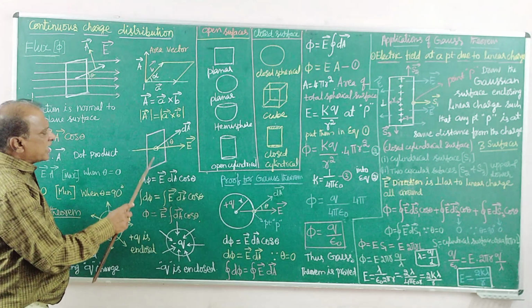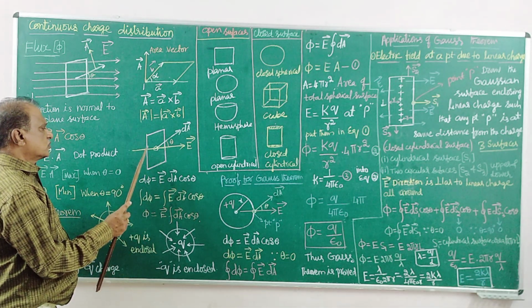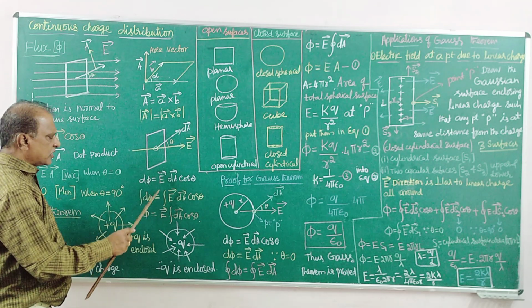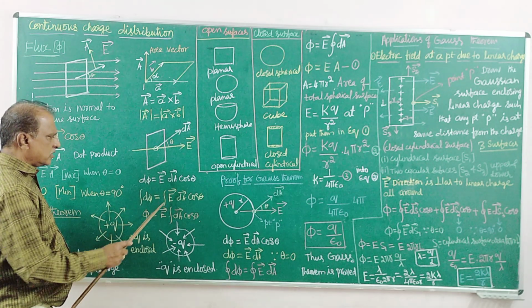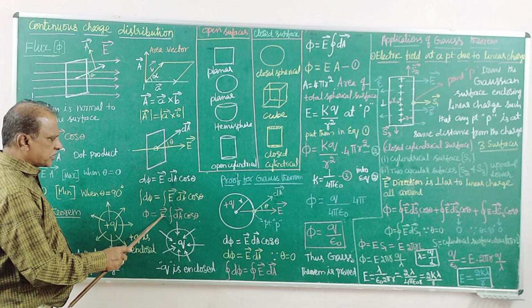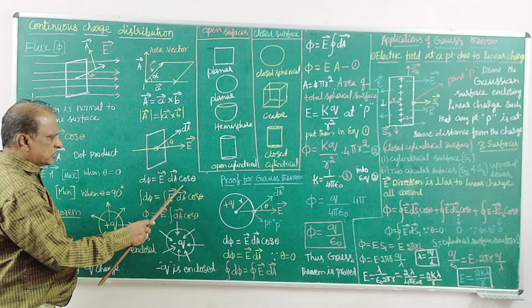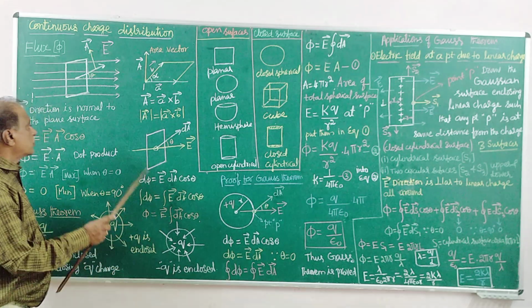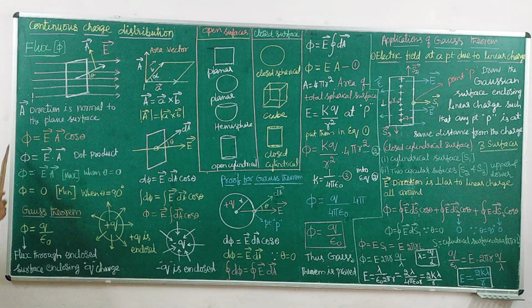For the entire surface, to get the flux through the whole surface, we need to integrate the differential equation, on the left-hand side and on the right-hand side. E is a constant, and the integral of dA is equal to A. That is the integral equation.